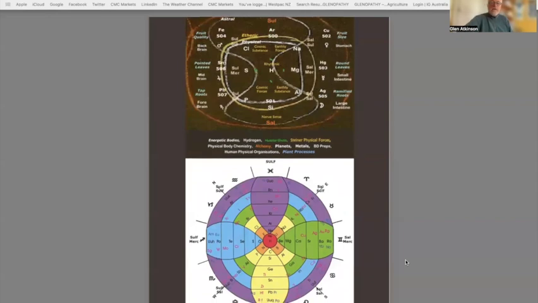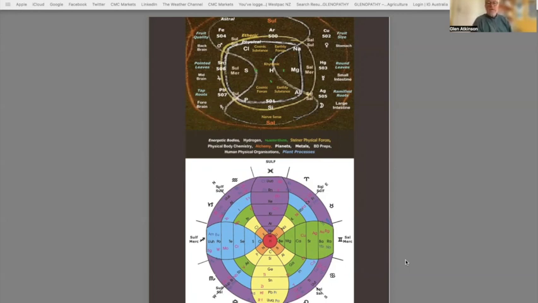In this picture, I'm bringing together the information from Dr. Steiner's 1920 and 1921 medical lectures, along with the image that he gave in, I believe, the first lecture of the 1924 pastoral medicine lectures.